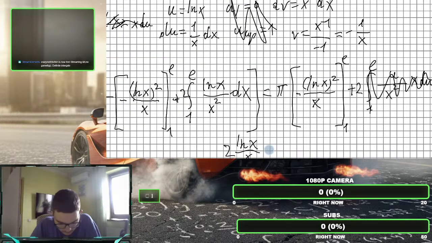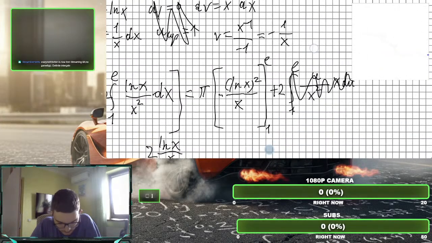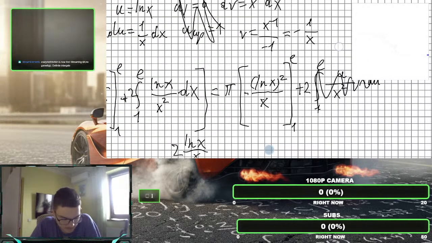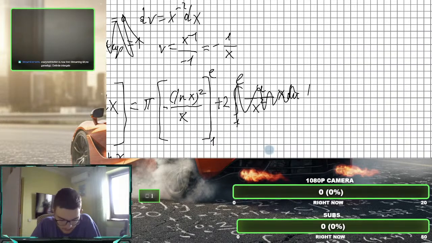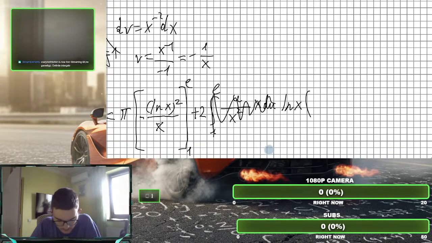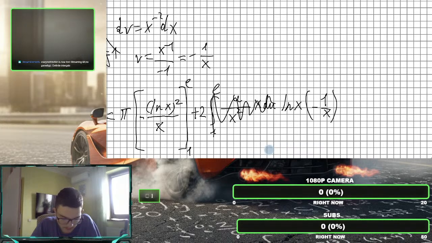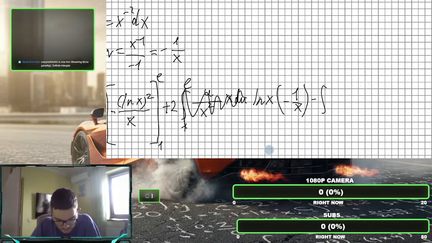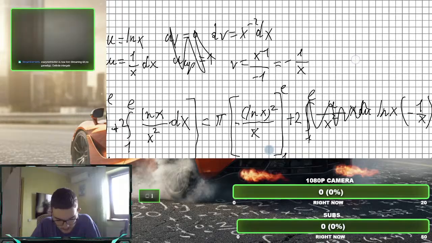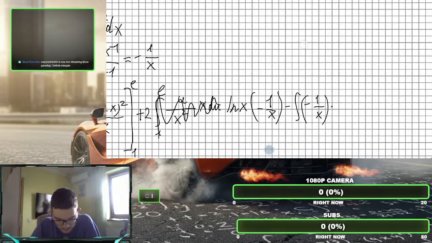That's okay, that's correct. Now the second integrated thing, you'll start with u, which is ln x, times ln x, then the times v, which is times minus 1 divided by x, minus the integral of v, which is minus 1 divided by x, and lastly multiplied with du, which is 1 divided by x dx.